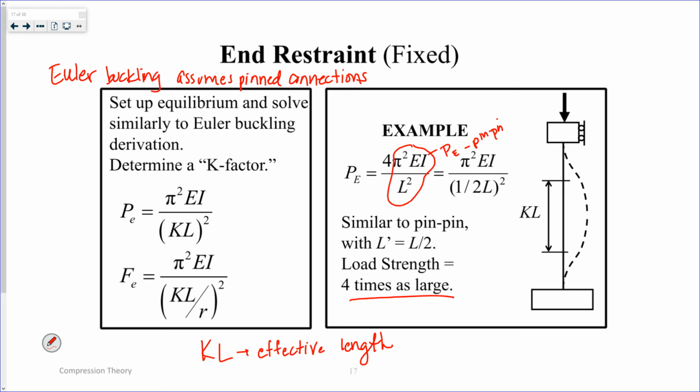Right? That means if you look at this, this would be the shape of an Euler buckling, the shape of a pin column at its Euler buckling load.